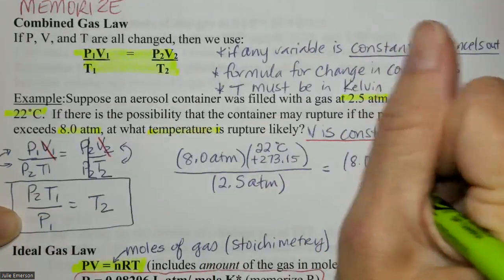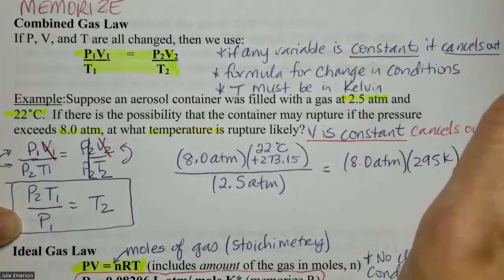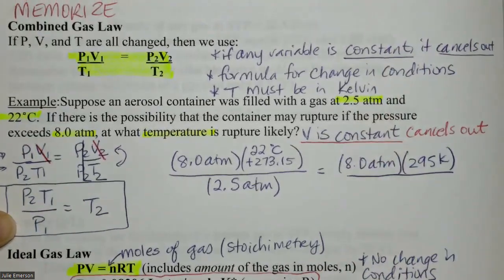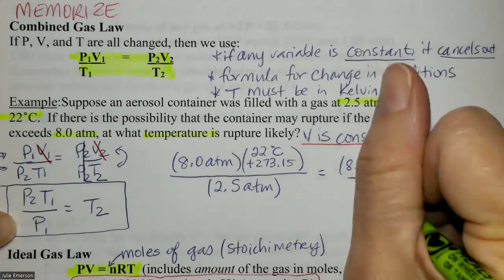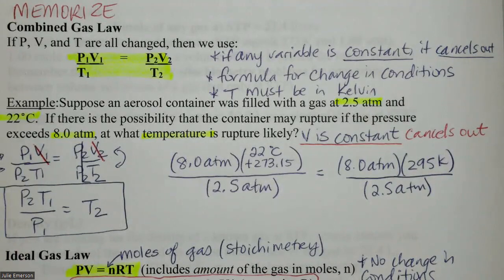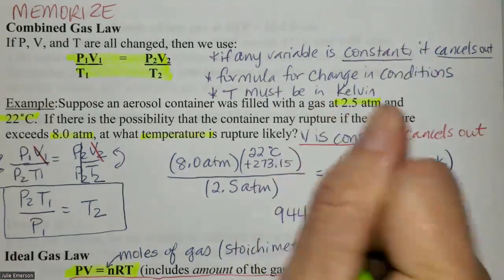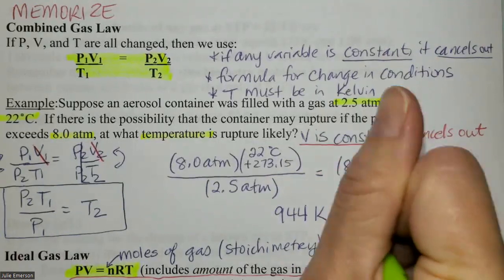So we have 8.0 atmospheres times 295 Kelvin, keeping that to the ones place, dividing that by 2.5 atmospheres. So I'm going to take 8.0 times 295, divide by 2.5, and I get 944 Kelvin for my T2.